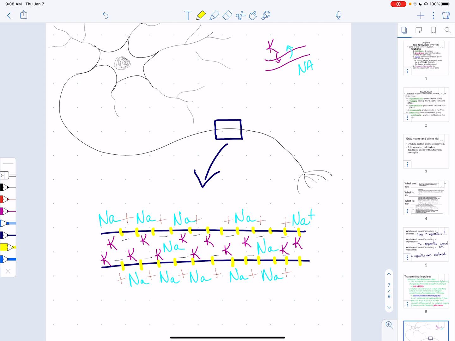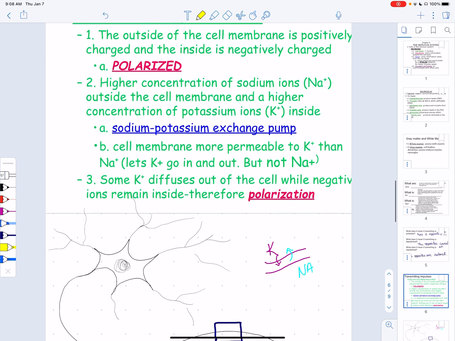Now, all of those yellow lines represent multiple things because in the membrane of the neuron, you're going to have open channels that allow chemicals to move freely. You're going to have voltage gated channels that are going to open with the positive current that's going to flow through. When I say current, there's an electrical current that's going to flow through these neurons. Okay, and so these channels work a little bit differently depending on what kind of channels they are.